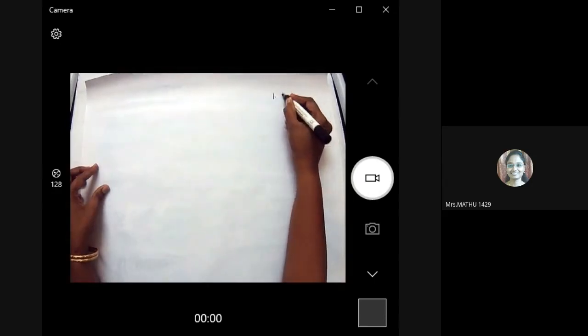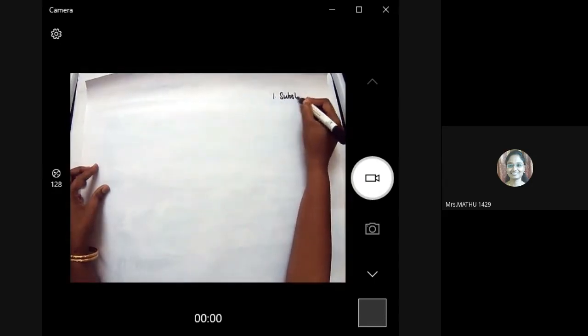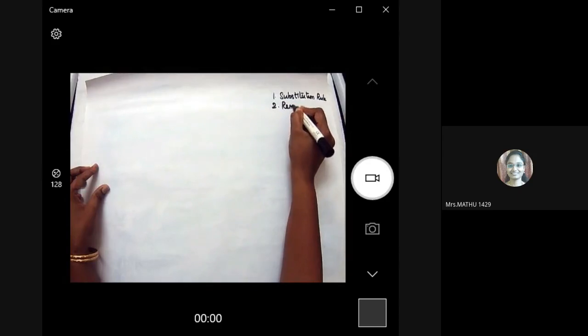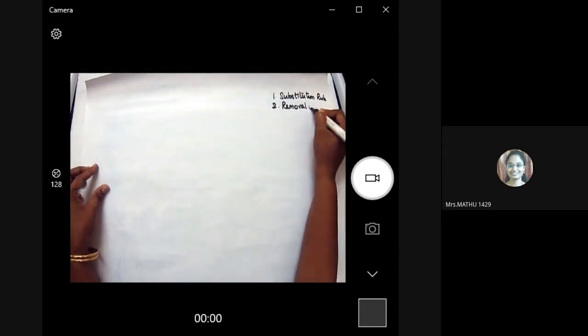In the context-free grammar, we have tried to simplify the grammar by doing some substitutions and transformations. There are four such transformations we have seen. The first one is the substitution rule. The second one is removal of useless productions.